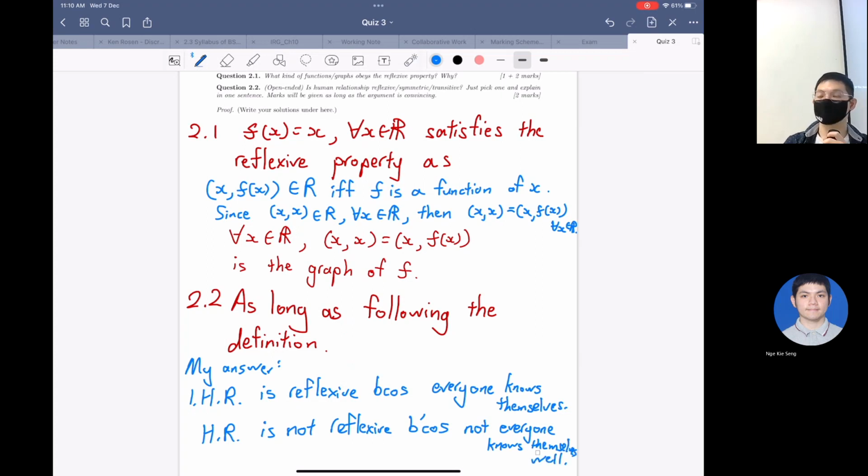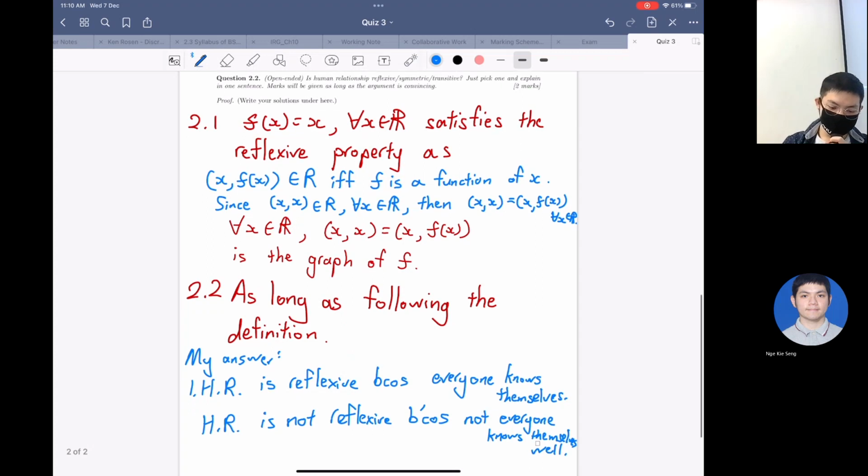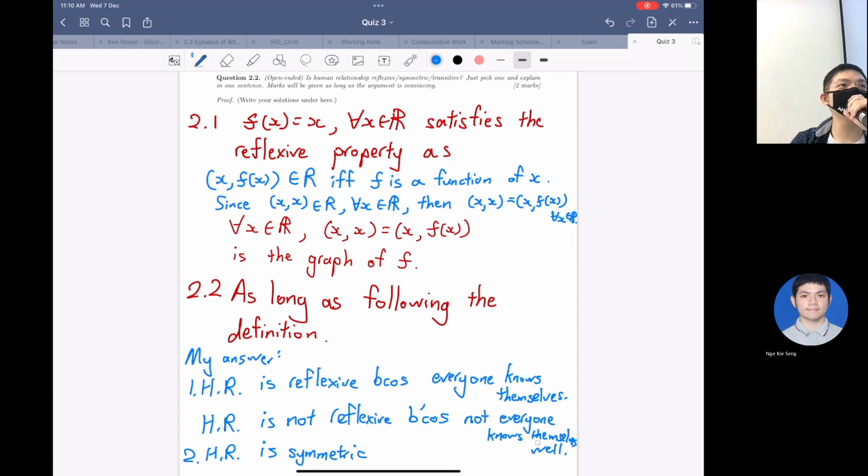Two, HR is symmetric. I think most of you say, if I treat you well, you will treat me well also. I cannot say it's not true. This is your belief, right? I think it's a good belief. You should keep believing, and hopefully others will get influenced as well.